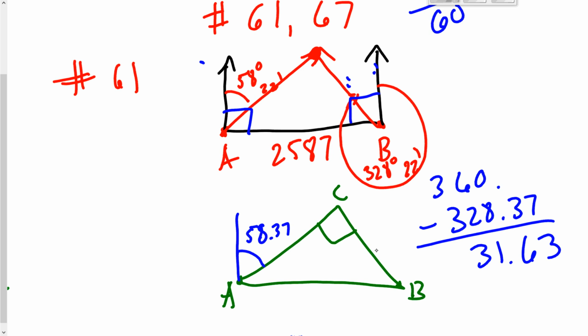So this distance from here to the 90, or to the north line, would be 31.63. So that means this one down here is the 58.37, because that would complete the 90.